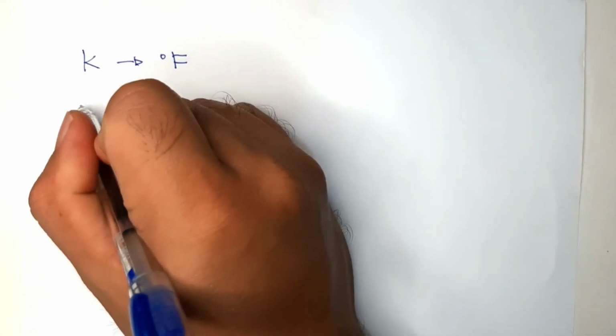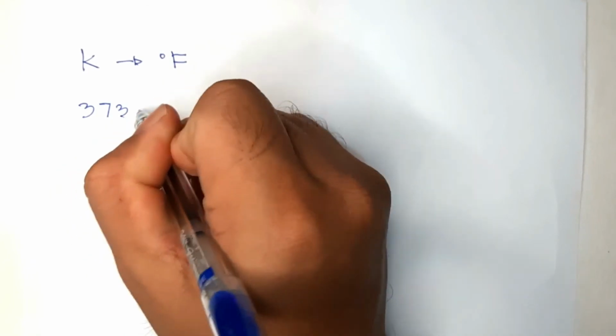So let's say we have 373 Kelvin. How can you calculate the temperature into degree Fahrenheit? The equation we are going to use is this equation.